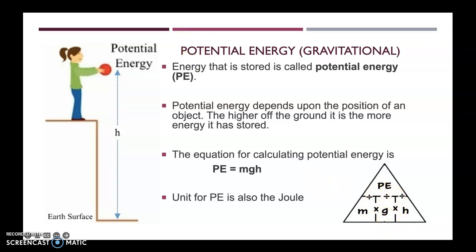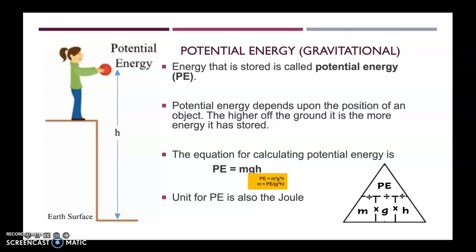But you may also want to just write down the alternative forms of this particular equation. So the first form is the original form, mass times gravity times height. Another way you could write it, if I wanted to solve for mass, it would be mass equals potential energy divided by gravity times height.